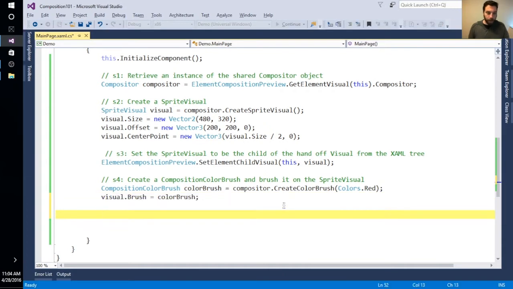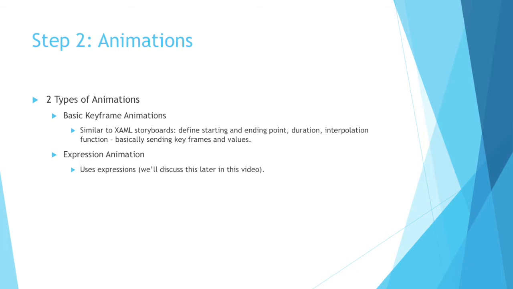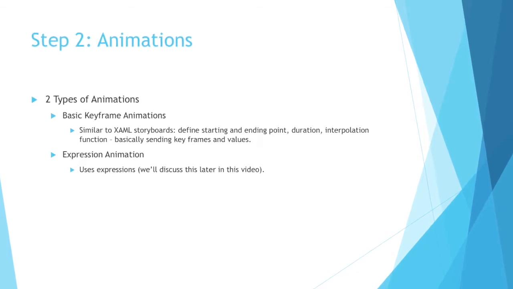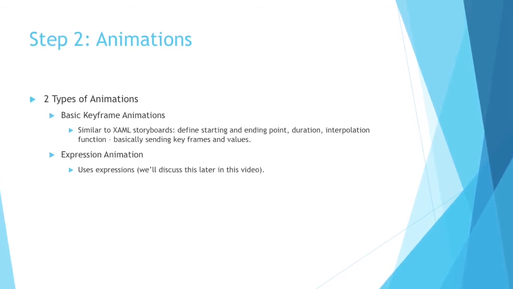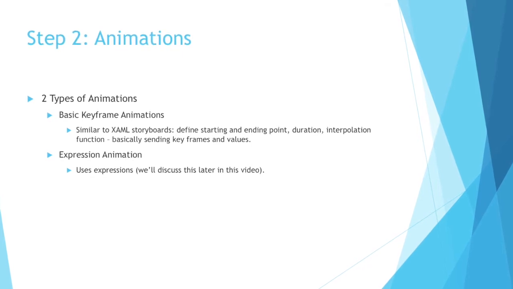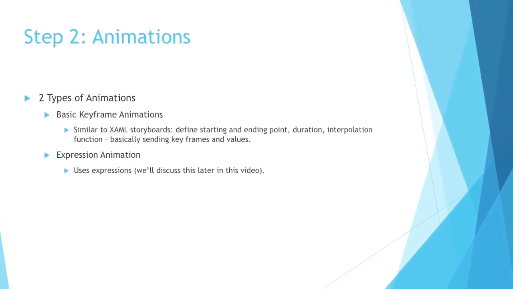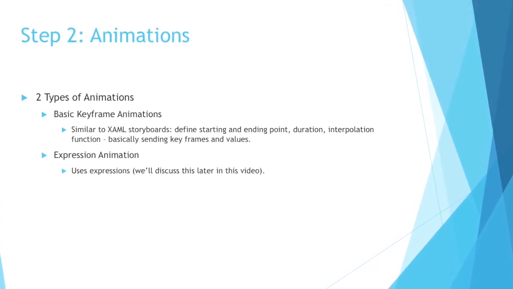So that's well and good. And one of the things that we want to really talk about now is how do we manipulate visuals in a more interesting way? One of the ways that we can do that is we can apply animations. Our animation system is interesting in that we have two types of animations. We have your basic keyframe animations.